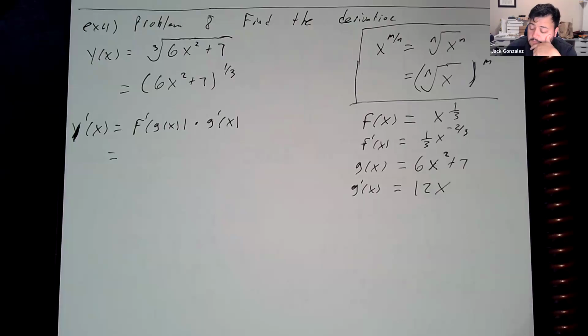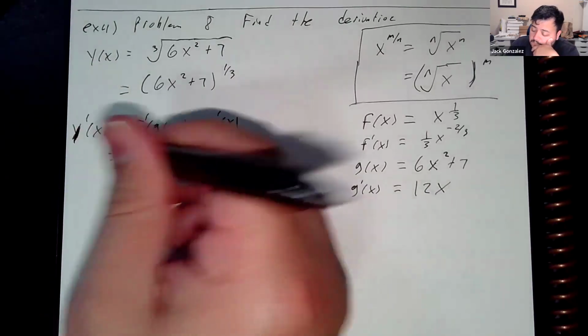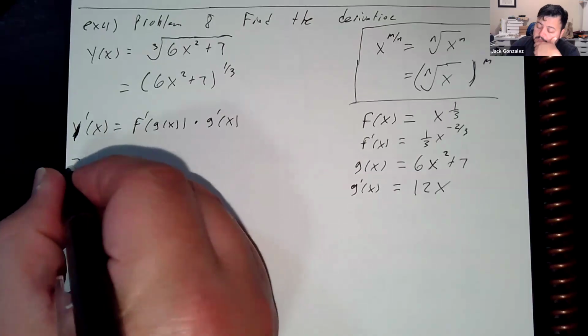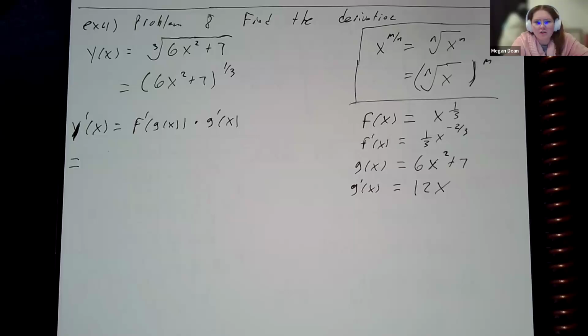Okay. So what is f prime of g? Is it 1/3 and then in the parentheses it's 6x squared plus 7, all to the negative 2/3 power?